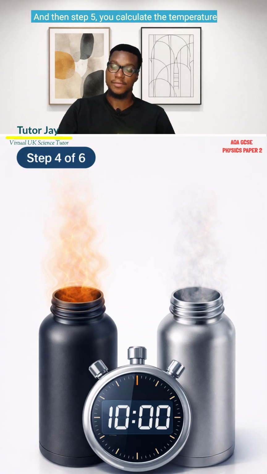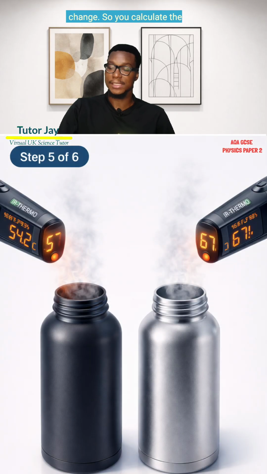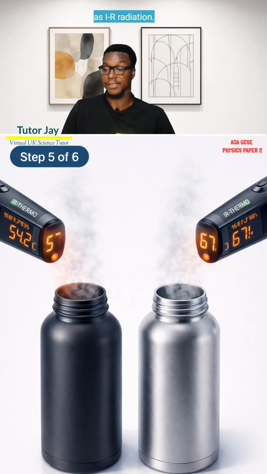And then step 5, you calculate the temperature change. So you calculate the temperature decrease, that is your initial temperature minus your final temperature for each flask over the 10 minutes. A larger temperature drop indicates more heat has been emitted as IR radiation.